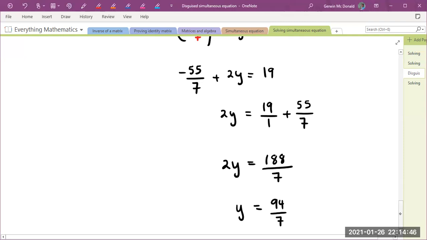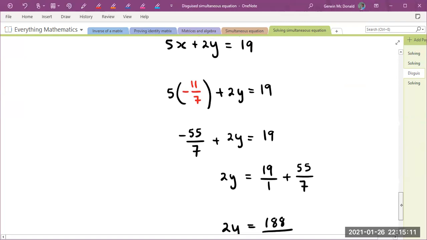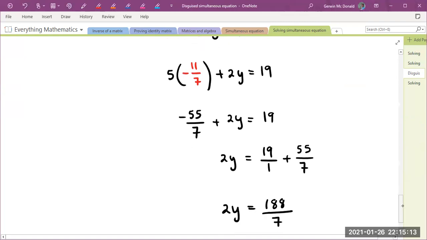You could write that as an improper fraction. That will be something like what? That will be a big number. 7 times 13 is 91.